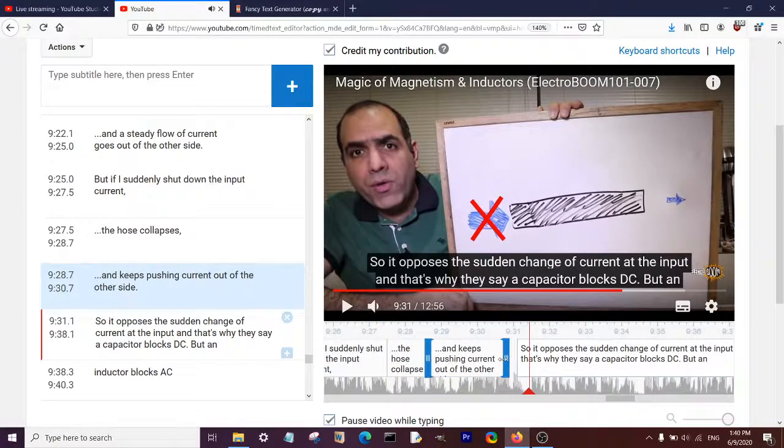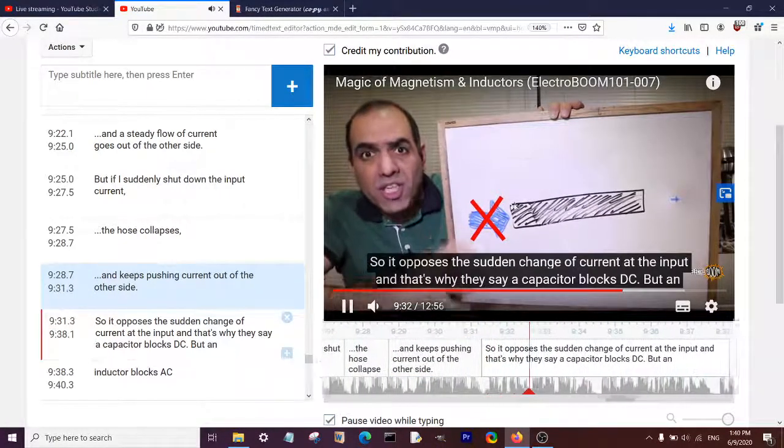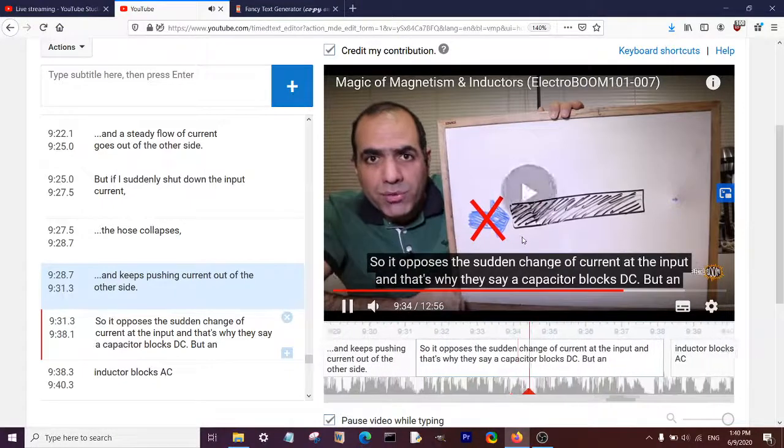So it opposes the sudden change of current at the input.